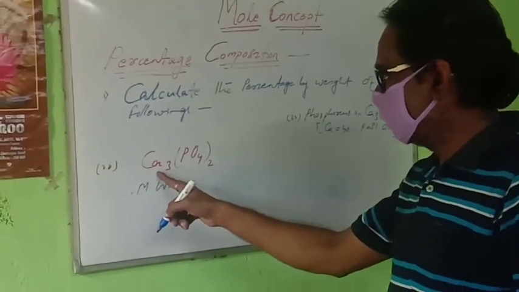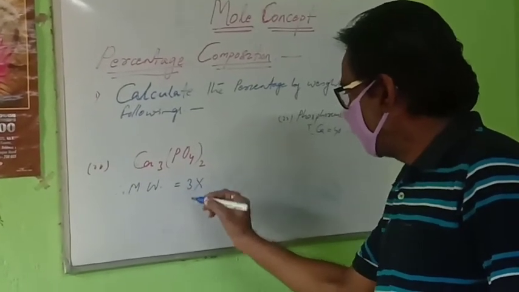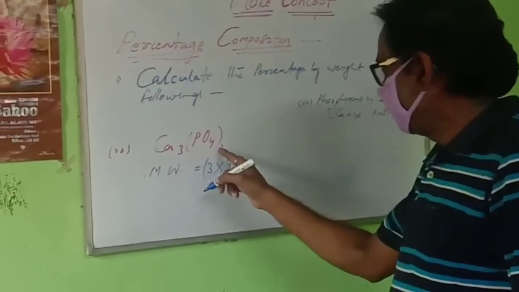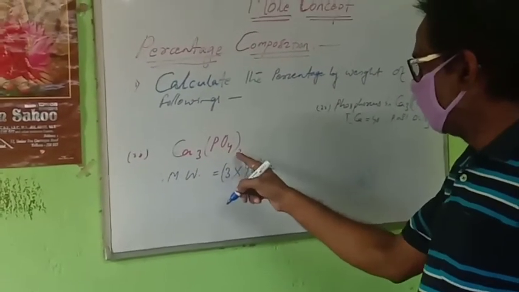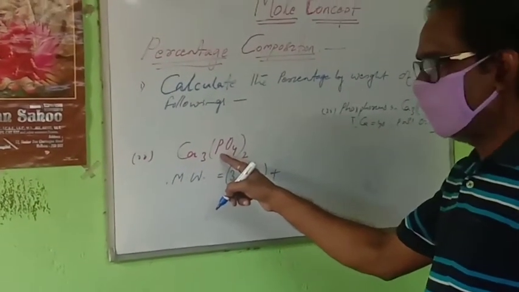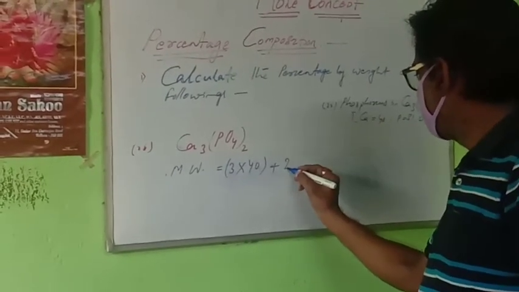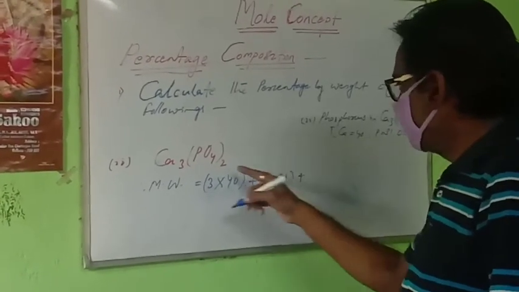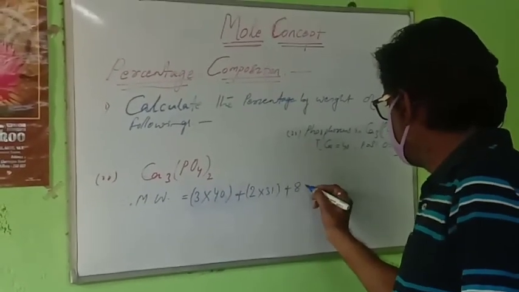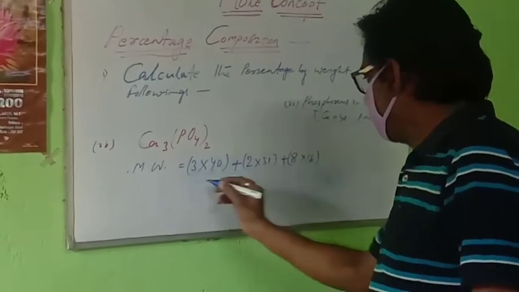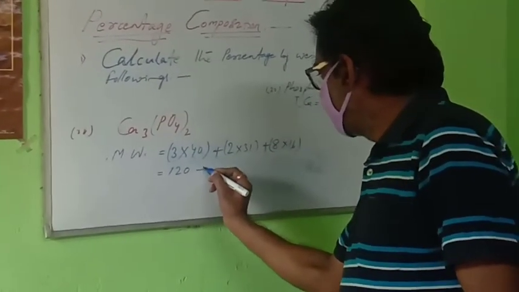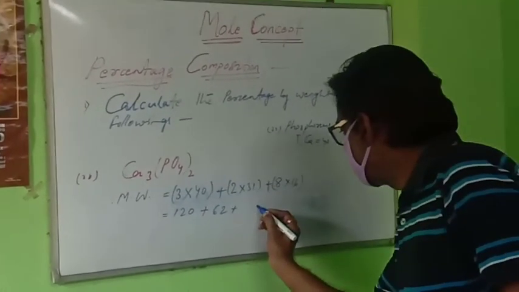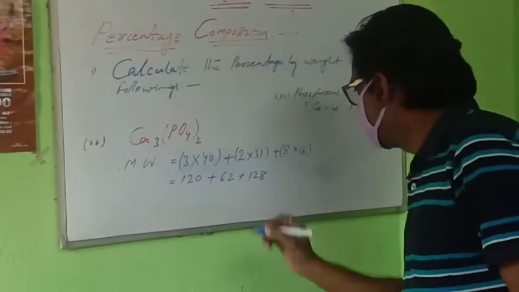There are 3 atoms of calcium, that is 3 into 40. Phosphate gives 2 phosphorus atoms, 2 into 31. Oxygen is 8 atoms, 8 into 16. Individually this is 120 plus 62 plus 128.